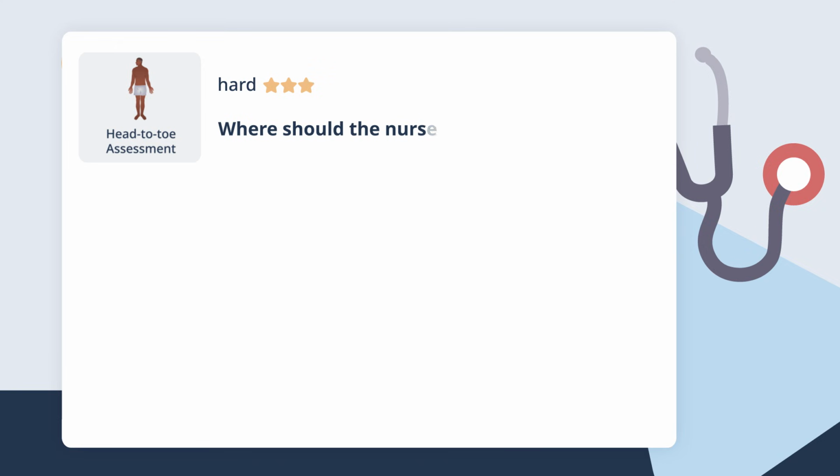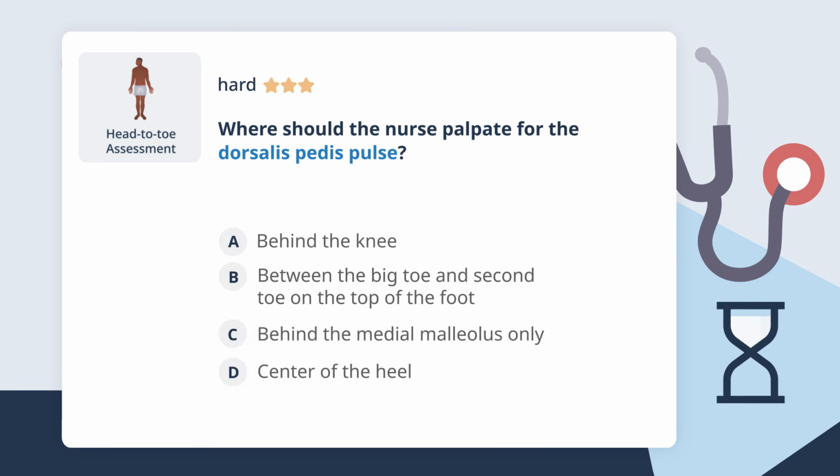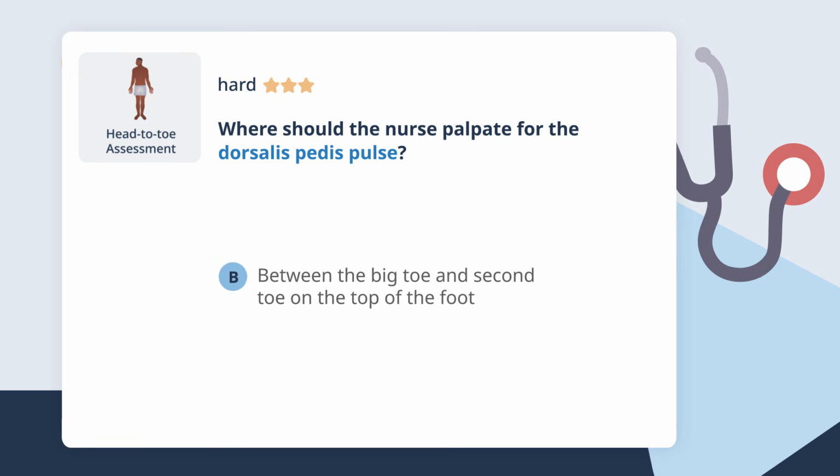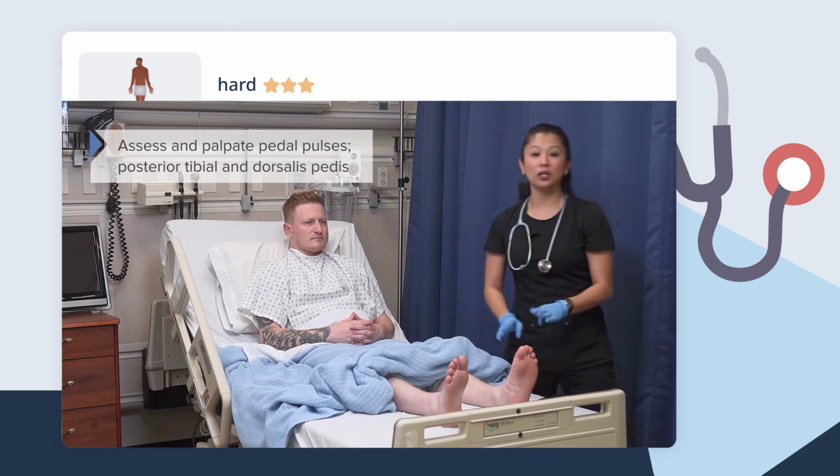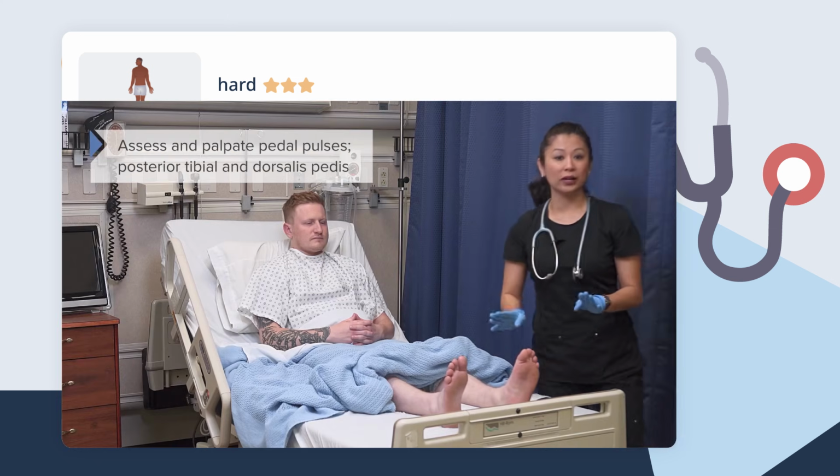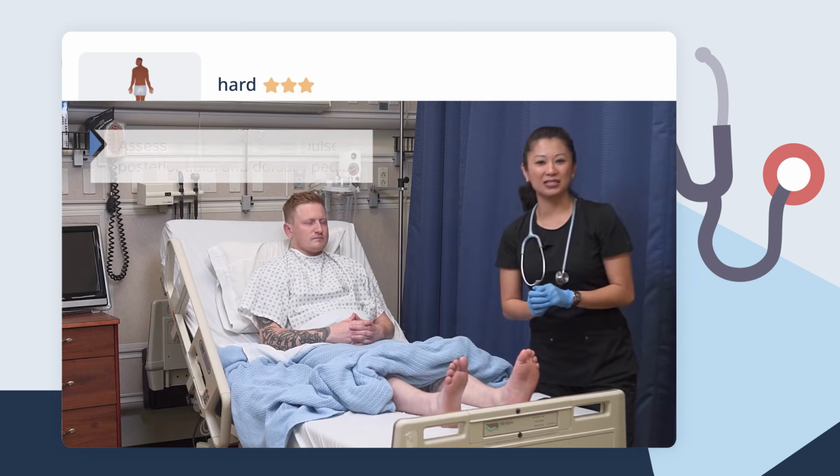Where should the nurse palpate for the Dorsalis Pedis pulse? We want to check for pulses, and this is really important and a good thing to practice as a student.